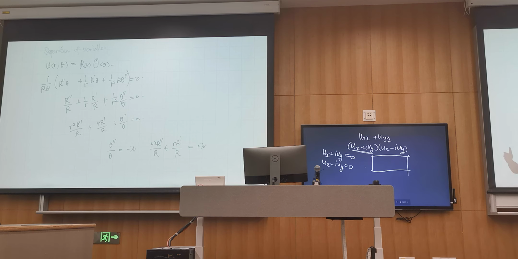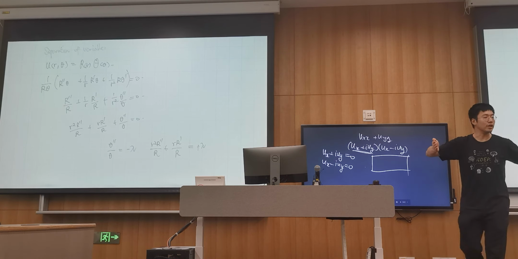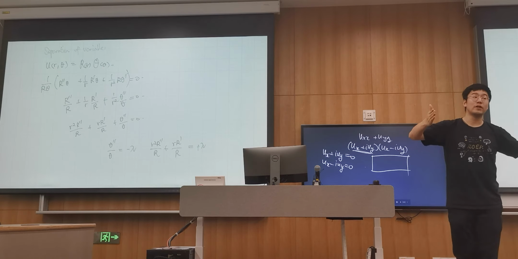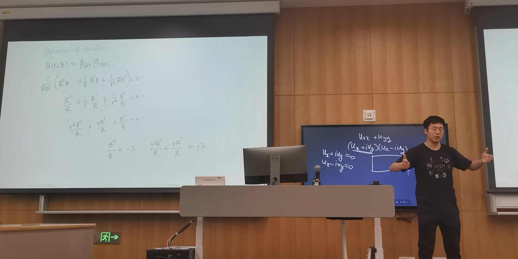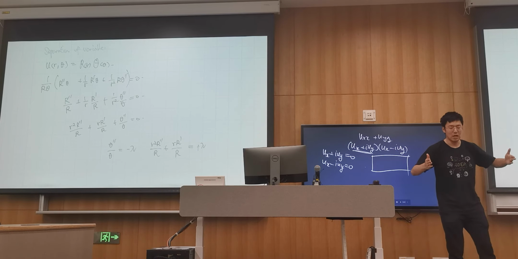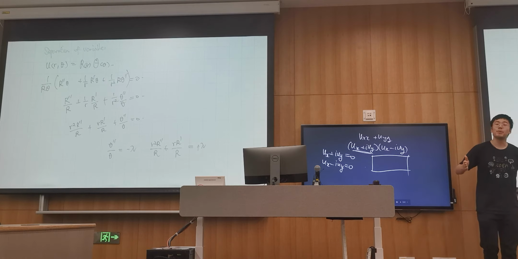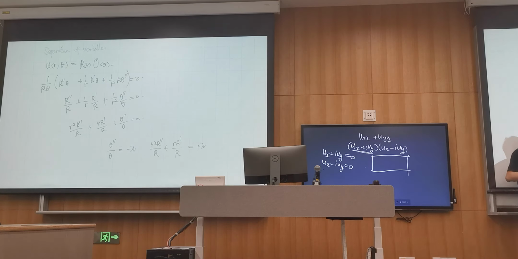So this is actually the Fourier series, from negative pi to pi, equipped with what kind of boundary condition? Periodic boundary condition.